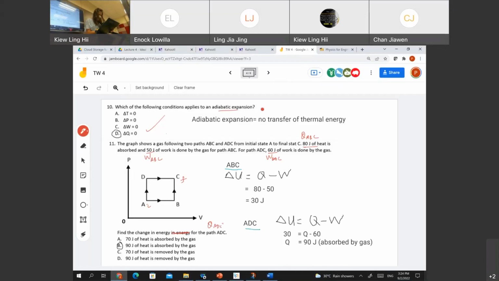Since it starts at A and ends at C, the total change in internal energy from A to C will be the same for both pathways.